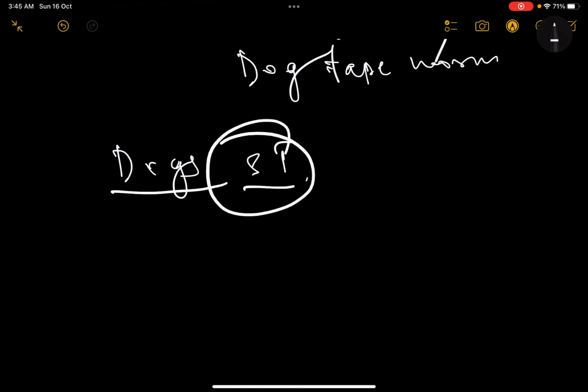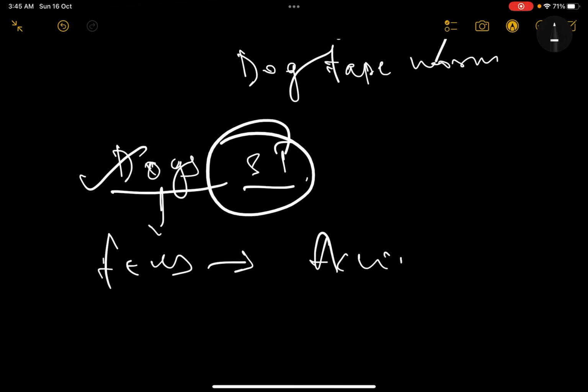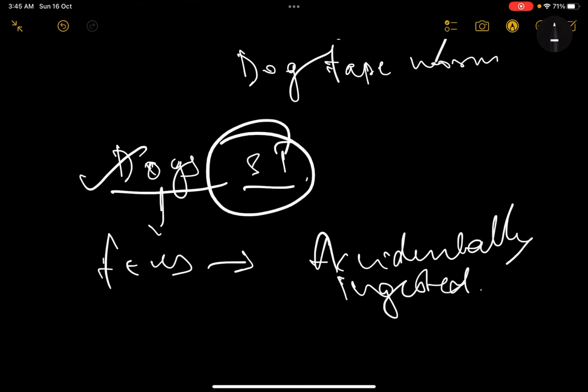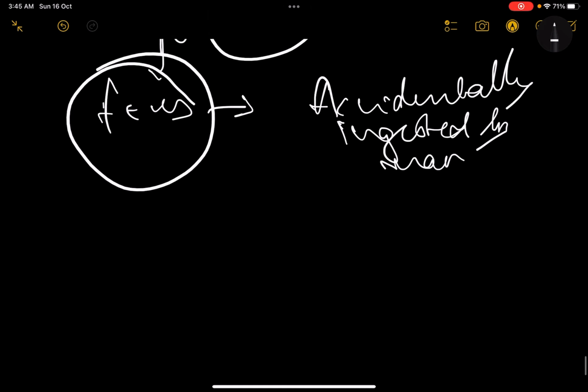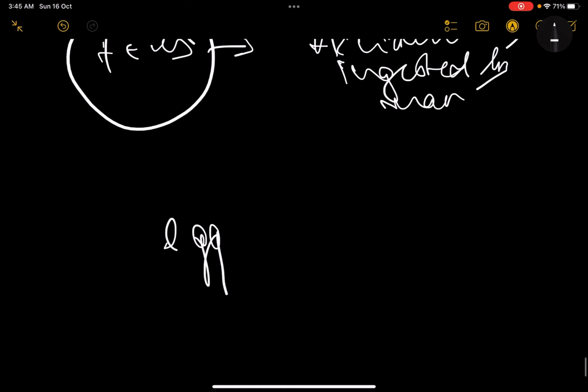The concept is really basic: the dog's feces is accidentally ingested by man. Simple. The dog feces has a certain infective form, which is the egg. So this egg is ingested by man. Now the man develops a hydatid cyst.